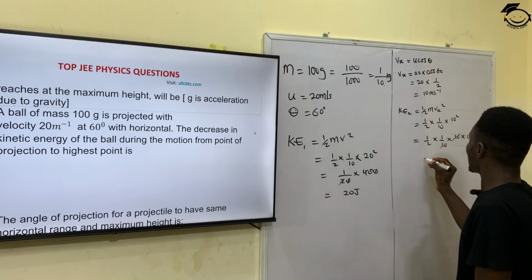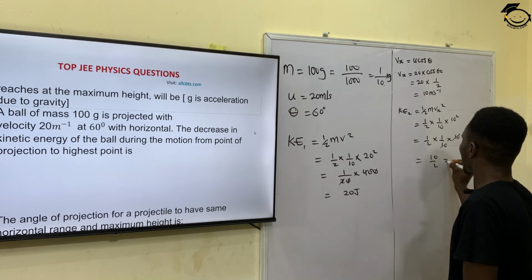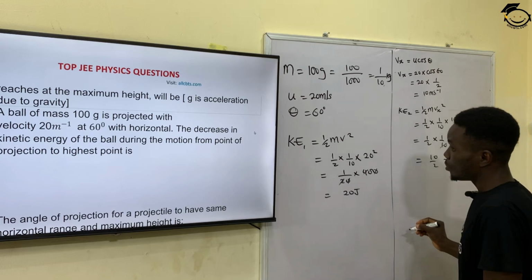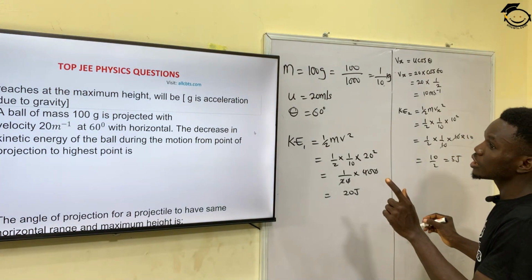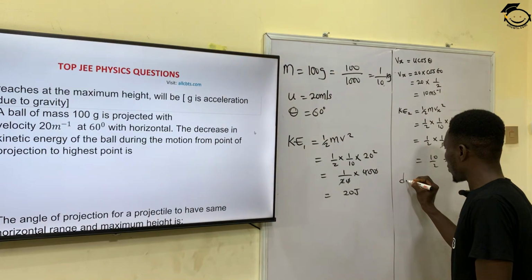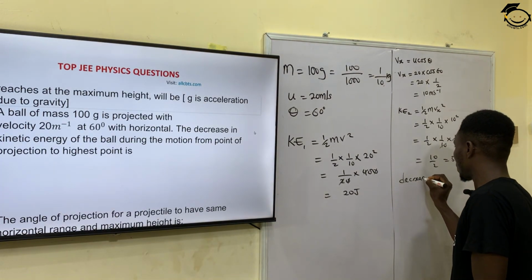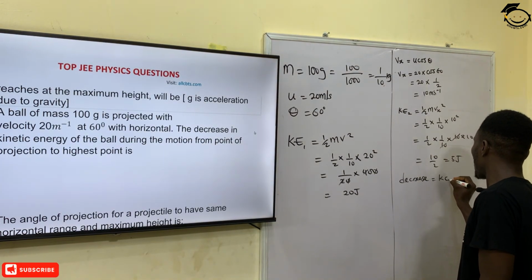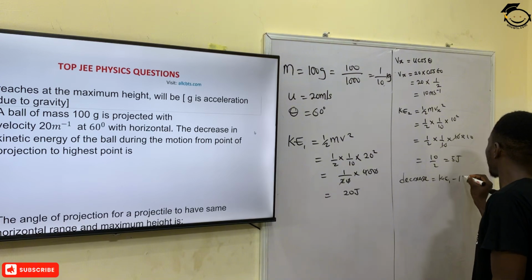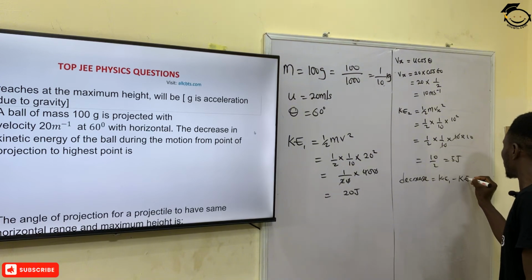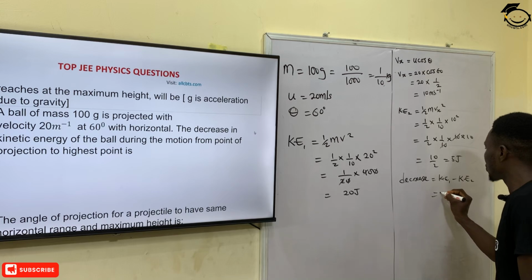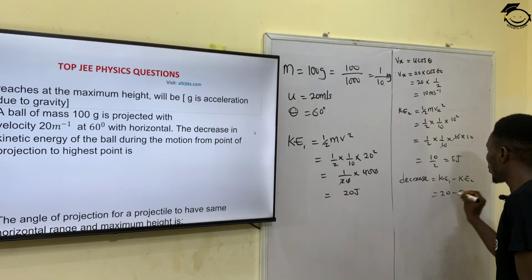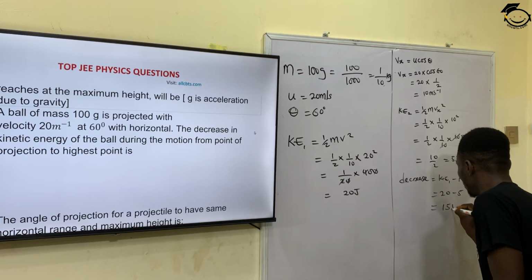So this will cancel this. It means I'll be having what? 10 divided by 2, and that will give me 5 joules. It means therefore that the decrease is KE1 minus KE2. And that will give me 20 minus 5, which will give me 15 joules.